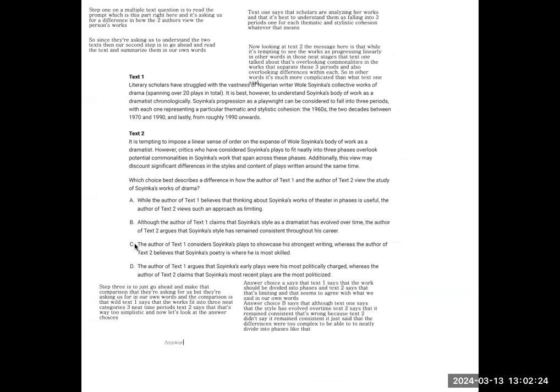Answer choice C claims that text one says the writing is stronger, but the poetry is stronger according to text two. And this is just not at all close to what we said in our own words.